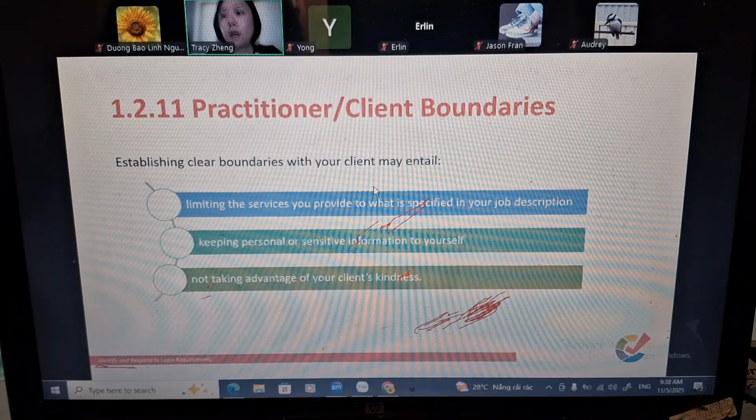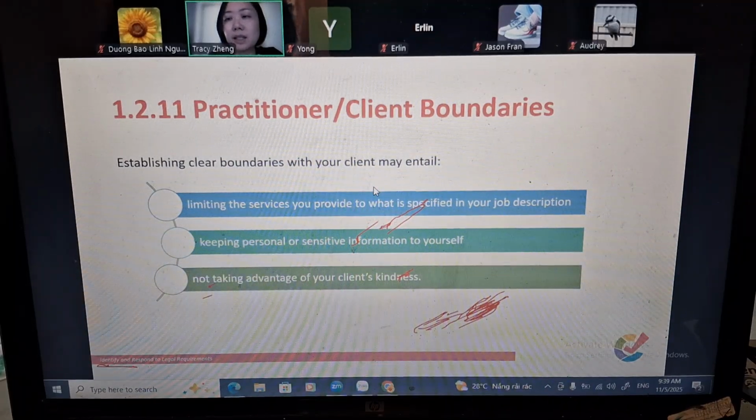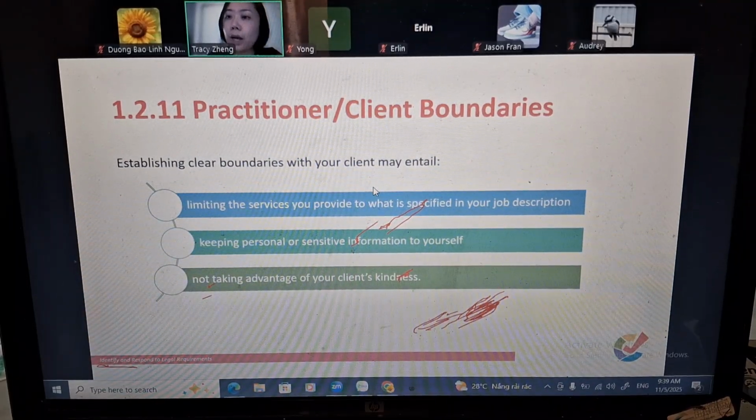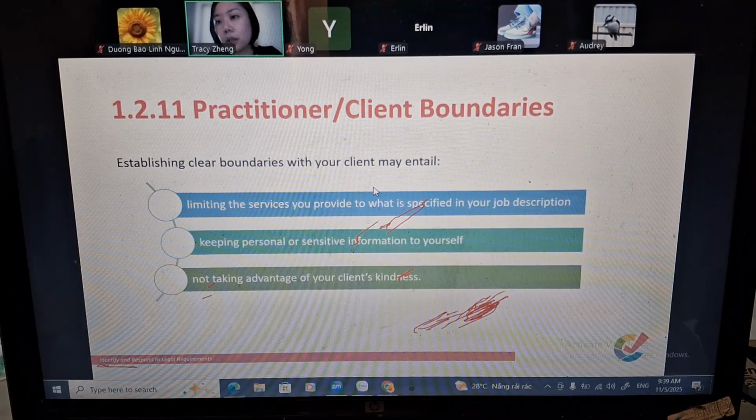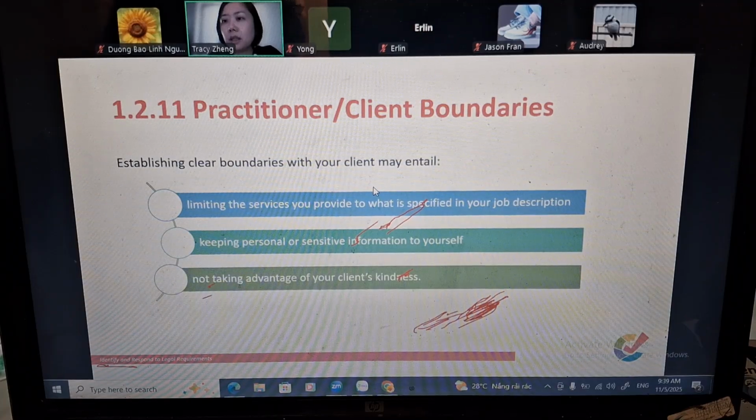Also, please do not share any of your personal or sensitive information with anyone else, including your clients. For example, I do see some care staff who may have an argument at home with her husband or his wife.